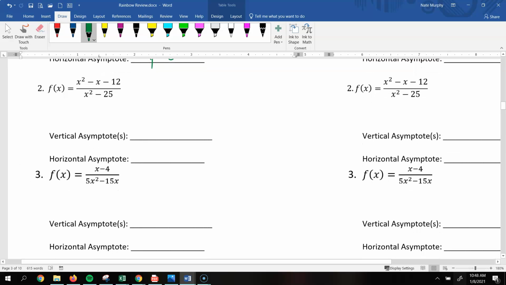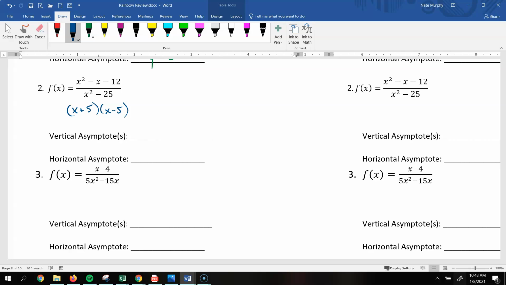All right, so for number 2, remember, the vertical asymptote we get from our denominator, but we need to make sure that it's in factored form. The denominator in factored form, this is a difference of squares. So this would factor to be x plus 5 times x minus 5. We get the asymptotes by setting each factor equal to 0 and solving them.